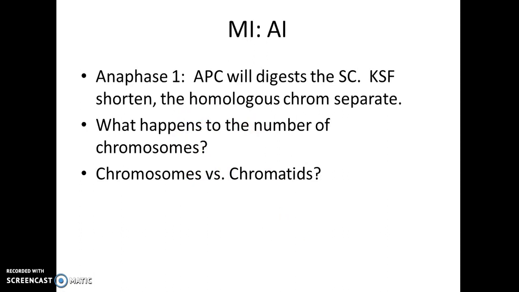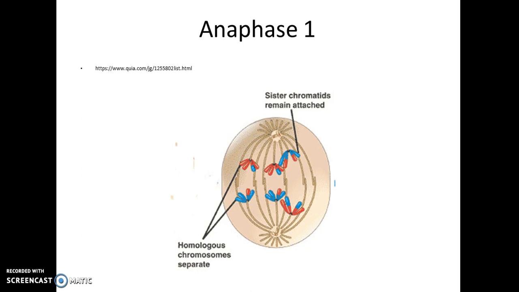Anaphase 1. The APC, or the anaphase promoting complex, will digest the synaptonemal complex. The kinetochore spindle fibers shorten and homologous chromosomes separate. So what happens to the number of chromosomes when anaphase 1 happens? They are divided by 2, or they are reduced. So here, let's take a look. Again, ignore 2 of these things right here.